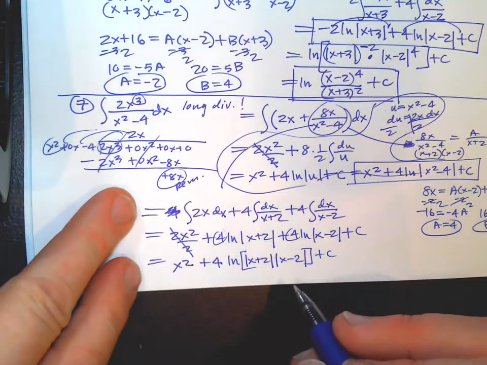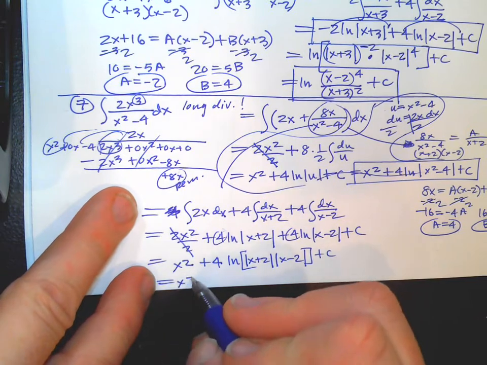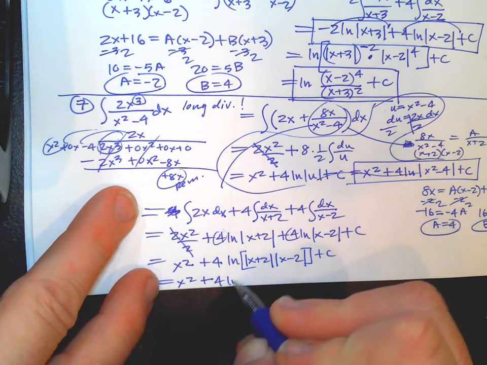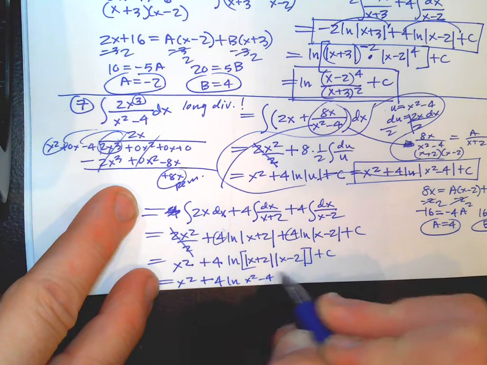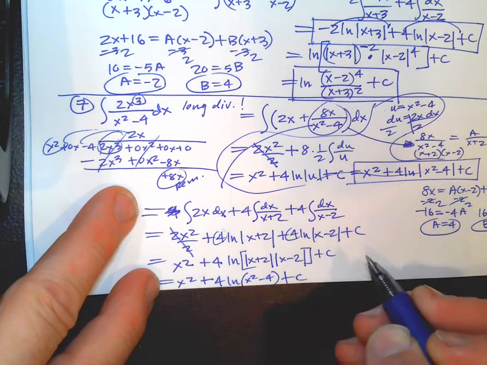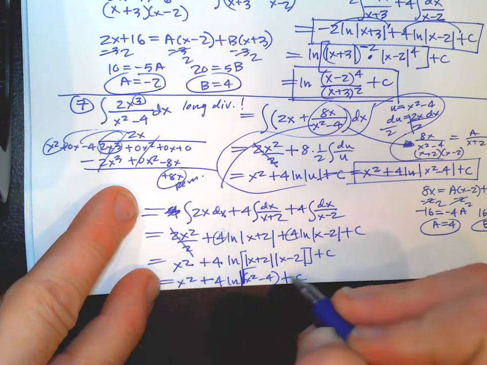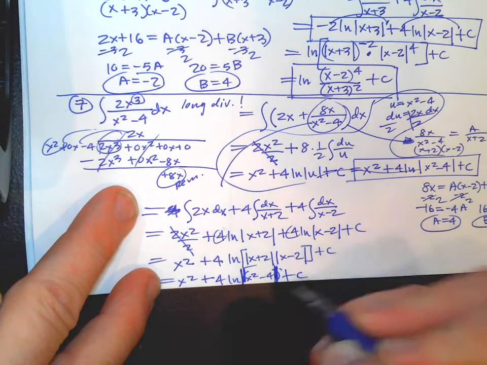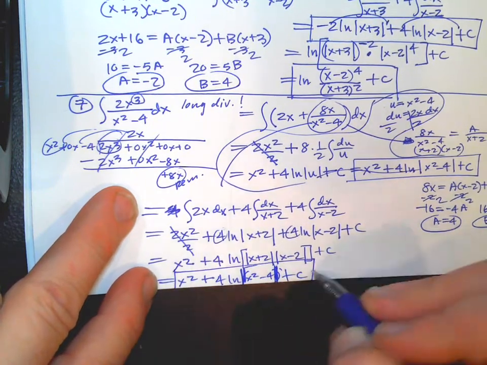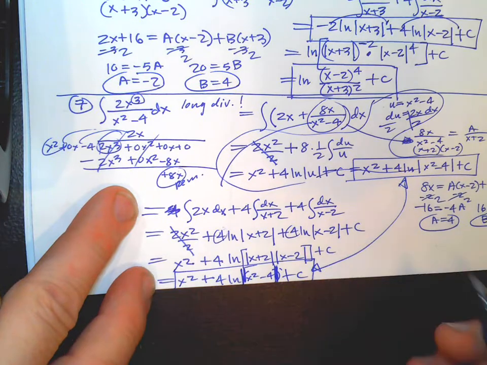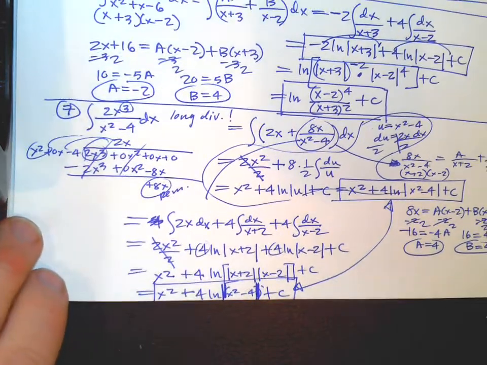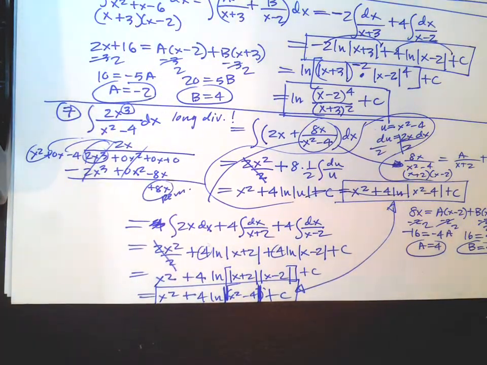And then we get x squared plus 4 natural log of x squared minus 4, plus C. Still need the absolute values. And guess what? Same answer. That was a lot of work though.